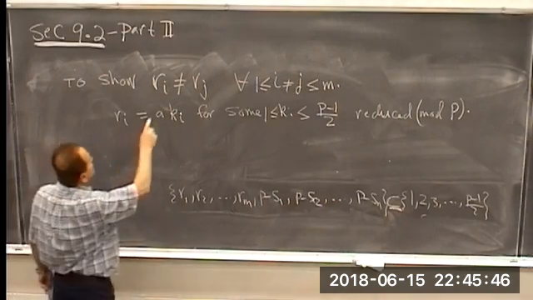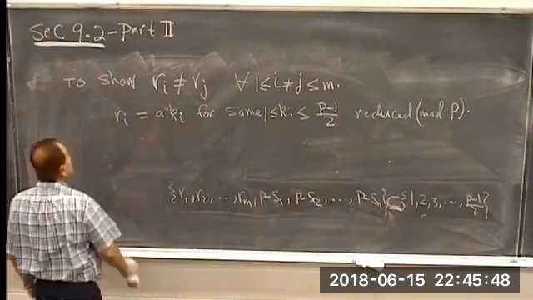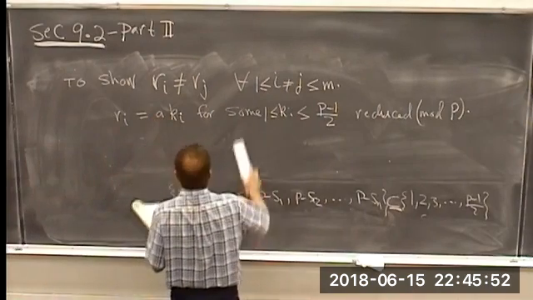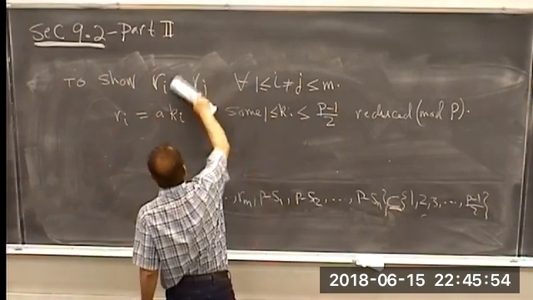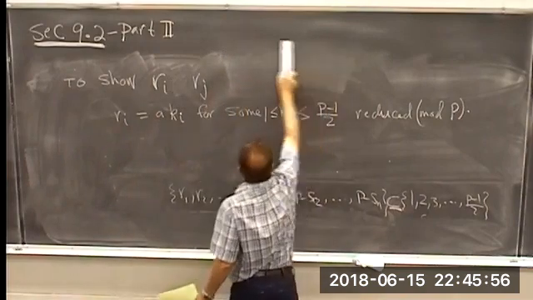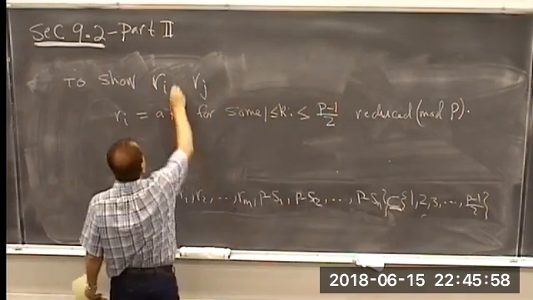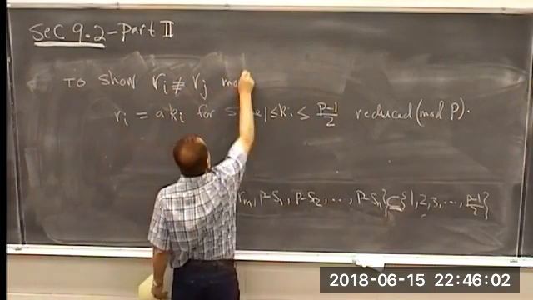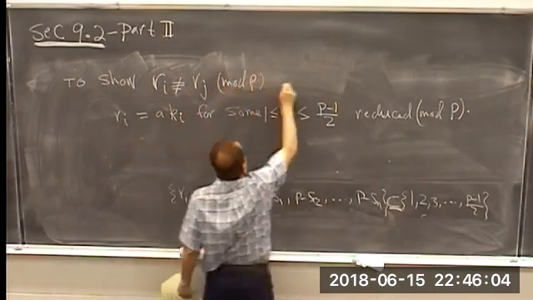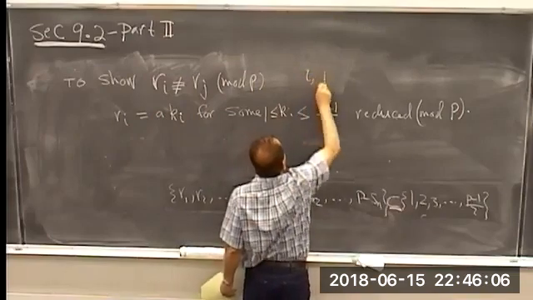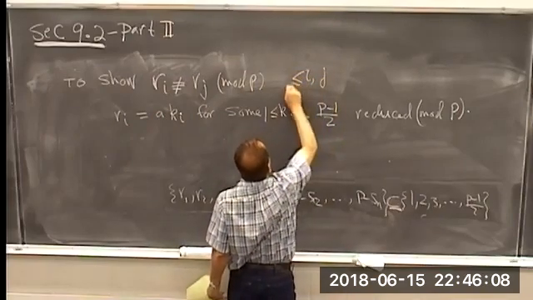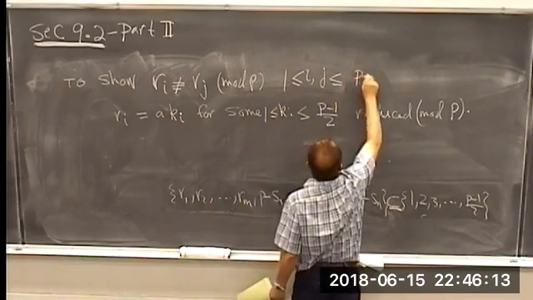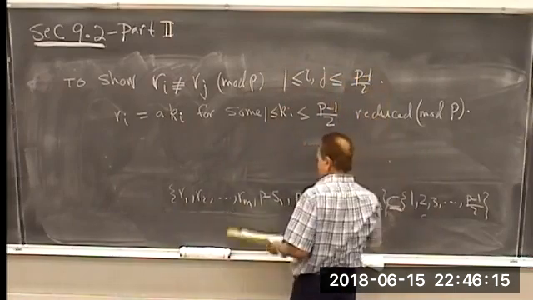Actually, I want to show that these are not congruent to each other mod p, where i and j are between 1 and p minus 1 over 2.